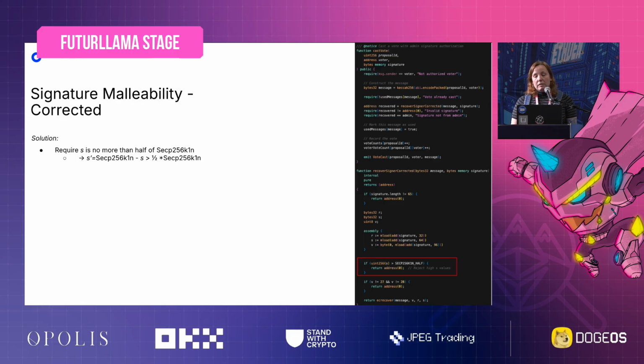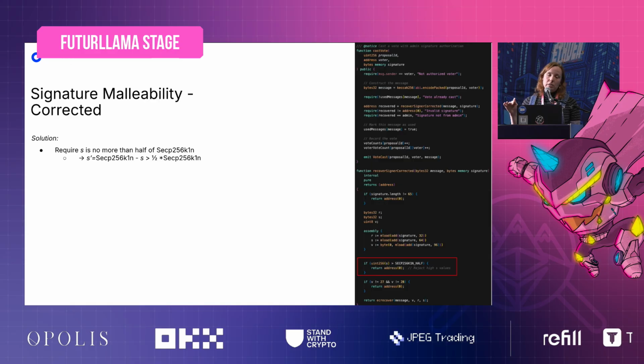So this V prime and S prime, along with the original R, will work the same as that V, R, S original combo. The way that we prevent that from being a problem within smart contracts is to require that S is no more than half of that value that we talked about. S prime will then be larger than half of that value, and so it will no longer pass that check.